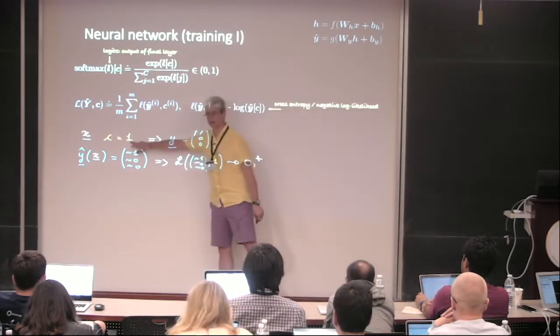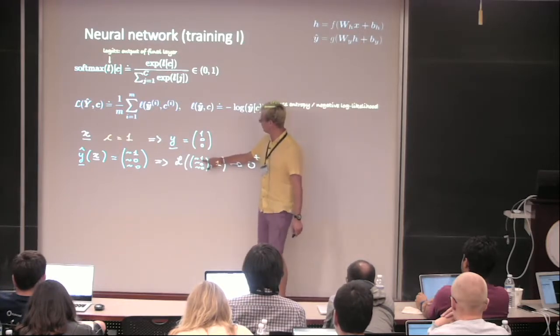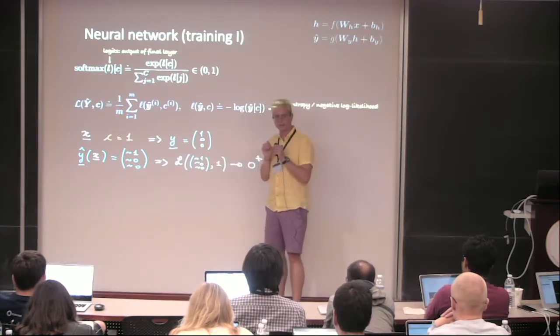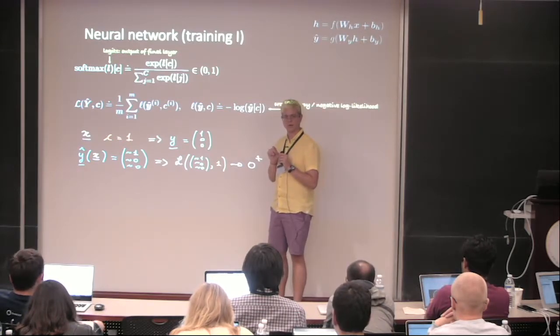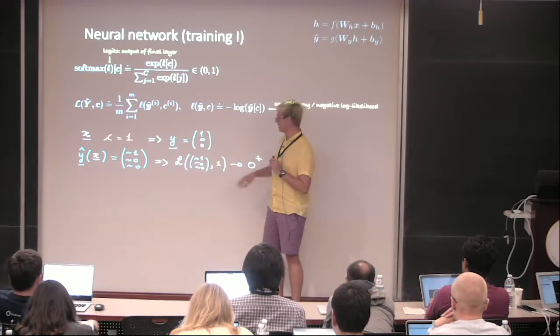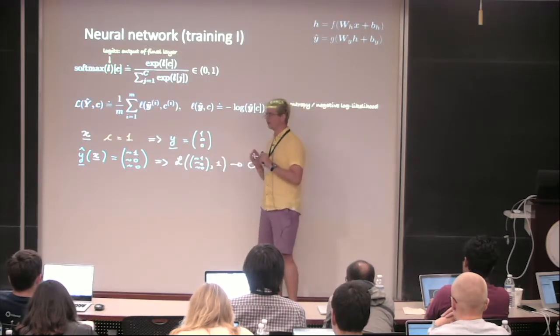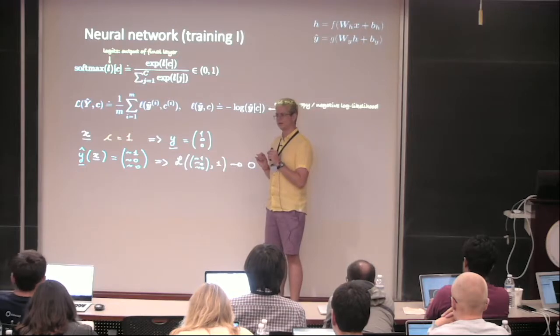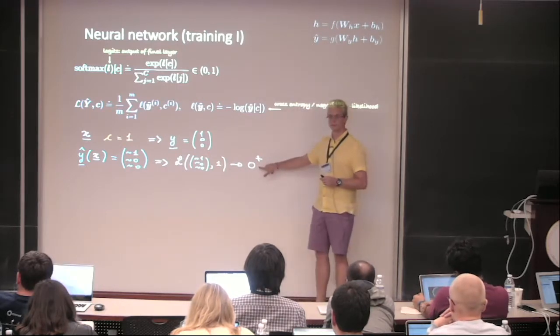The correct class is 1, right? So if I do minus log of this guy, log of something slightly below 1, how much is it? Log of 1 is 0. Log of almost 1, a little bit below, is minus 0, right? And given that we have minus here, we have 0 plus.